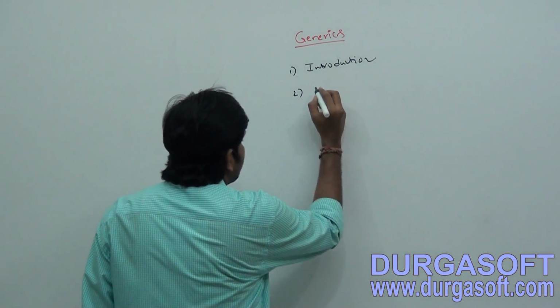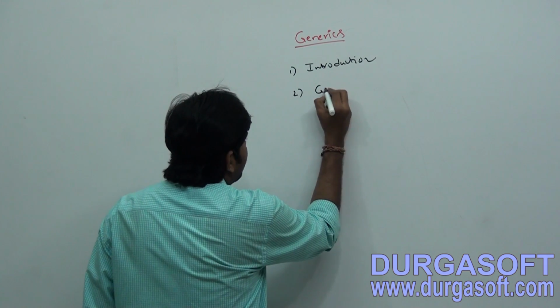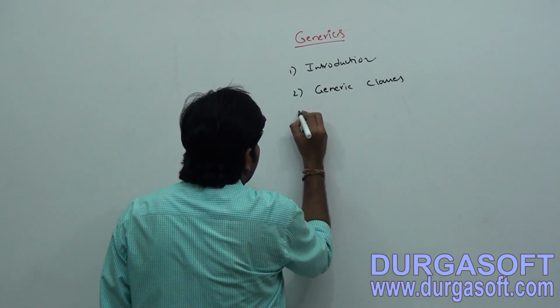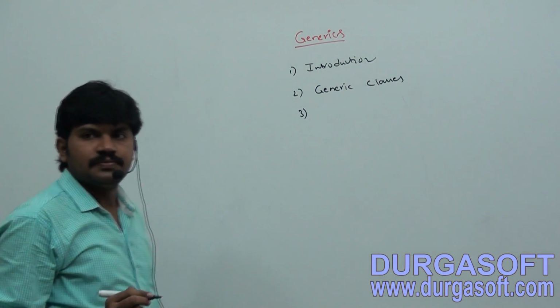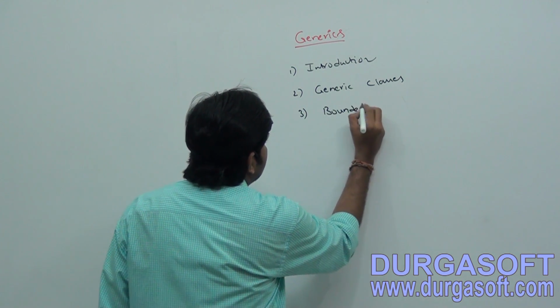Second, generic classes. Then bounded types.